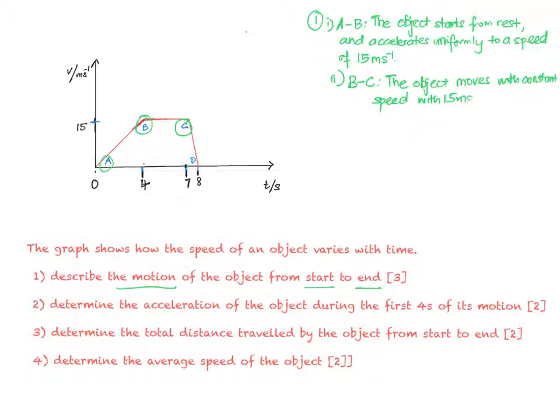And for part C to D, you can see that the speed suddenly decreases from 15 all the way to 0, over a duration of 1 second.